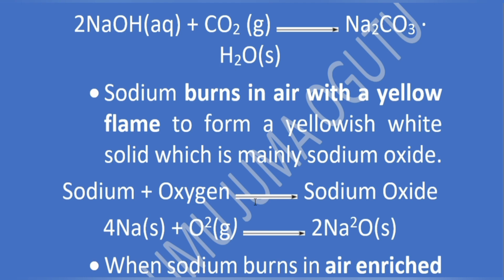That's how sodium reacts with water. Now sodium burns in air with a yellow flame to form a yellowish white solid, which is mainly sodium oxide. So sodium burns in air to form sodium oxide.